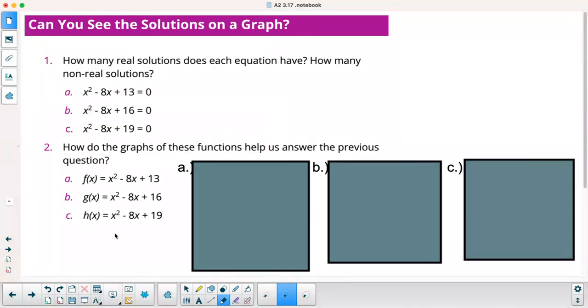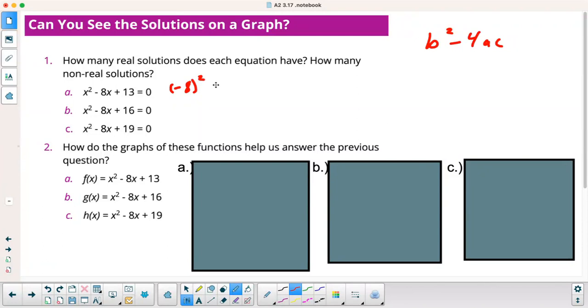So we want to check b squared minus 4ac. See if it's positive, negative, or 0. So this is going to be -8 squared minus 4 times 1 times 13. And let's see what that gives us.